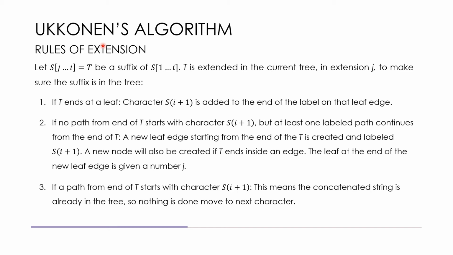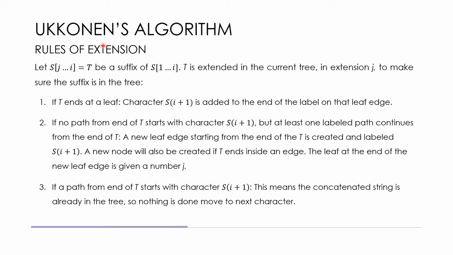Now for the second rule, if no path from the end of t starts with the character S(i+1), but at least one labeled path continues from the end of t, then a new leaf edge starting from the end of the path, which is t, is created, and we label it S(i+1). So we label it with the next character.